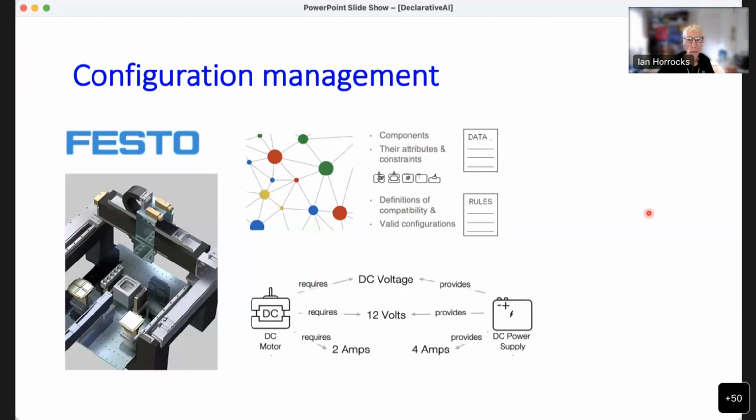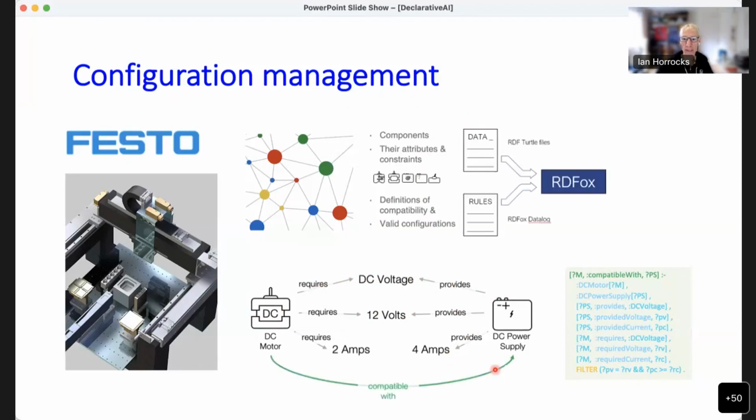For example, there might be a rule that says a motor is compatible with a power supply just in case the power supply provides the same kind of voltage, DC in this case, it provides the same level of voltage, 12 volts, and it provides at least as much current. So this would correspond to a little rule, which is just represented here in RDFox syntax.